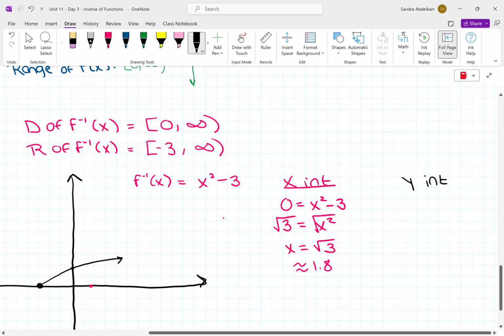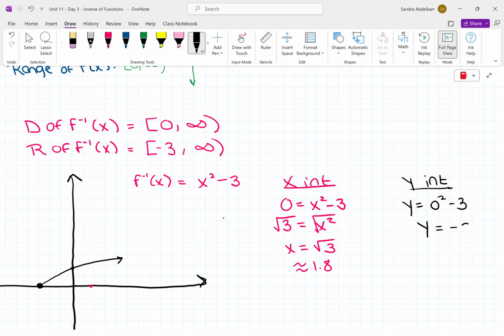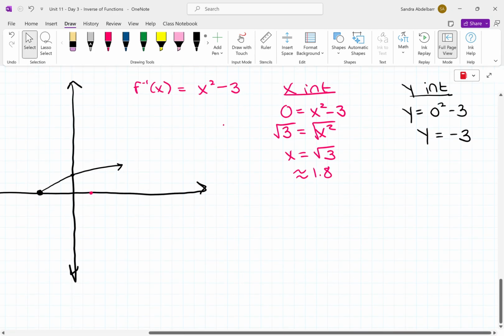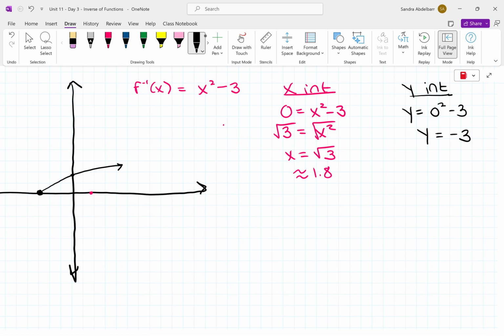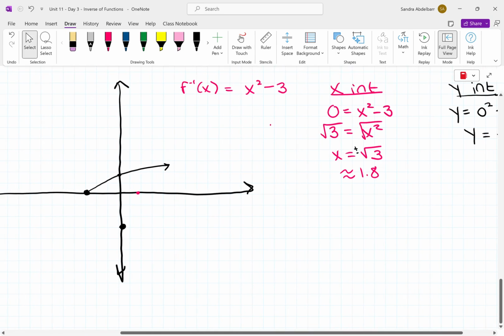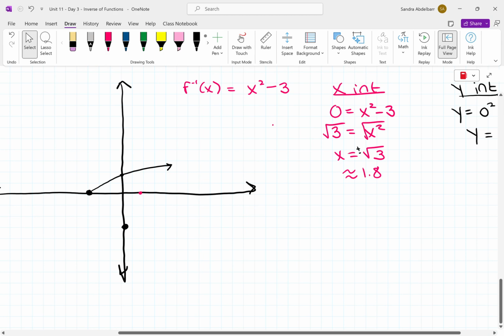And now we check for the y-intercept. And we're going to have y equals 0 squared minus 3, so y will equal -3. Oh, this should have been plus or minus root 3. Sorry, there would have been another one over here.